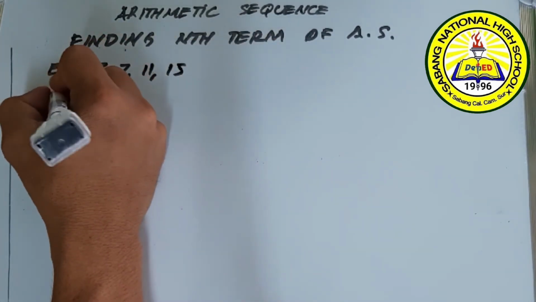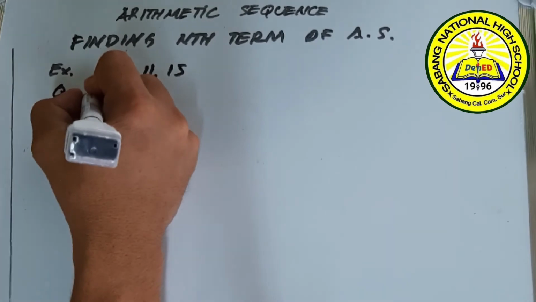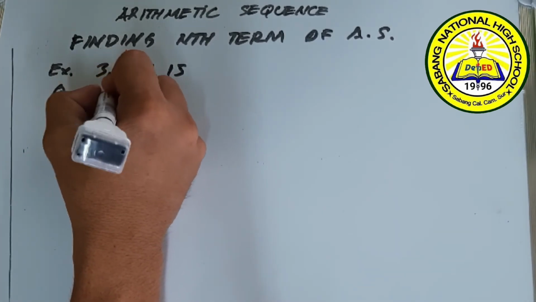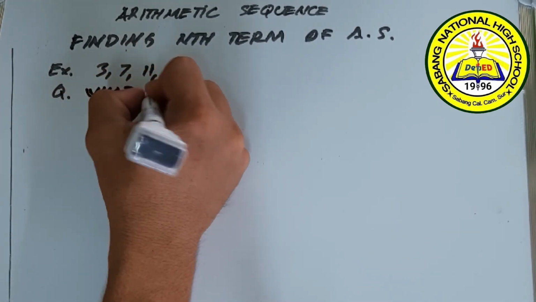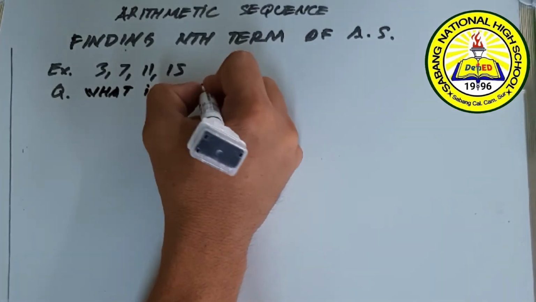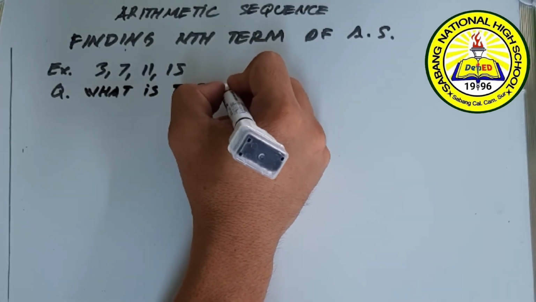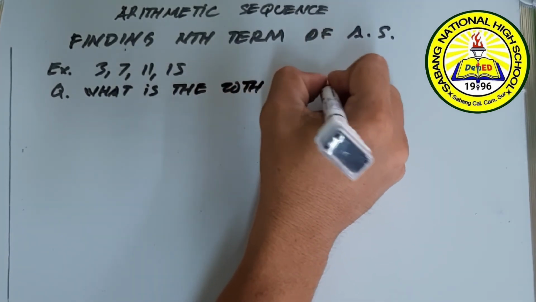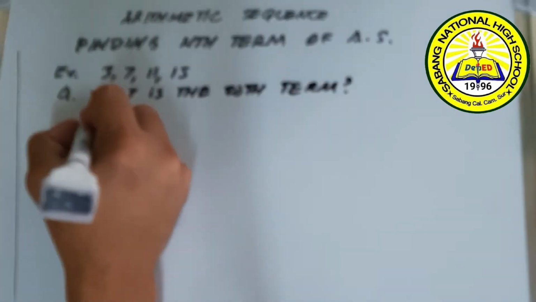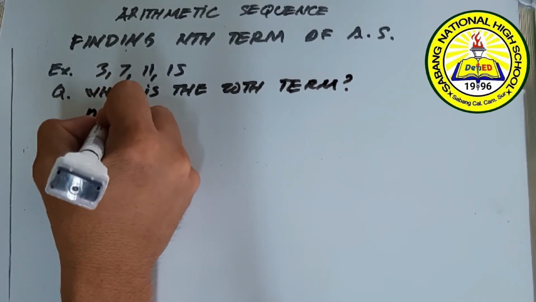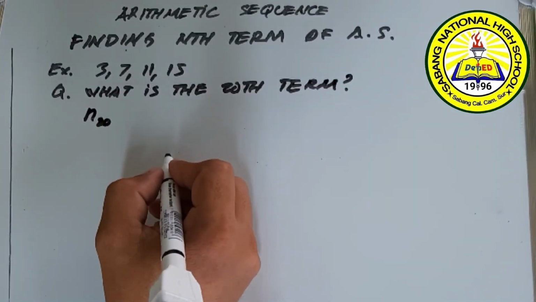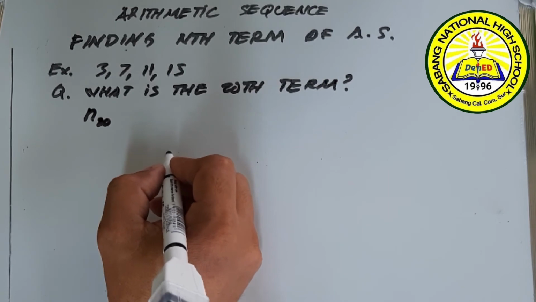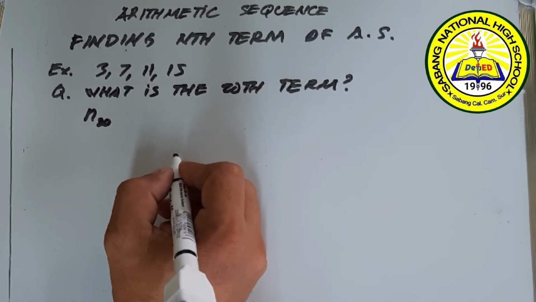The question is, what is the 20th term? So what is being asked is a sub 20. How are we going to find a sub 20?